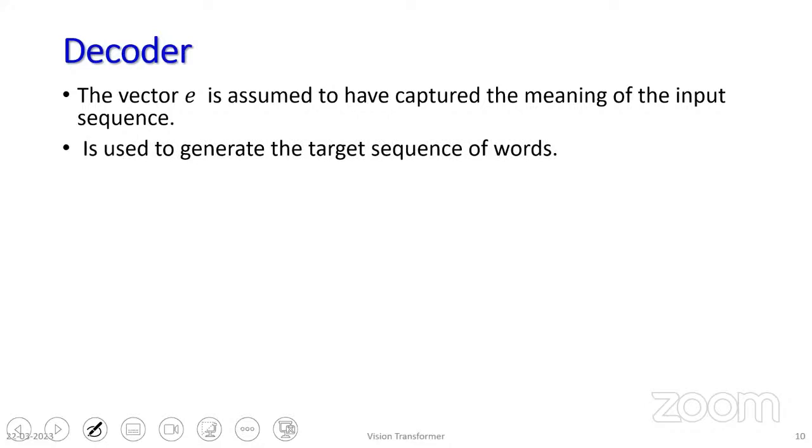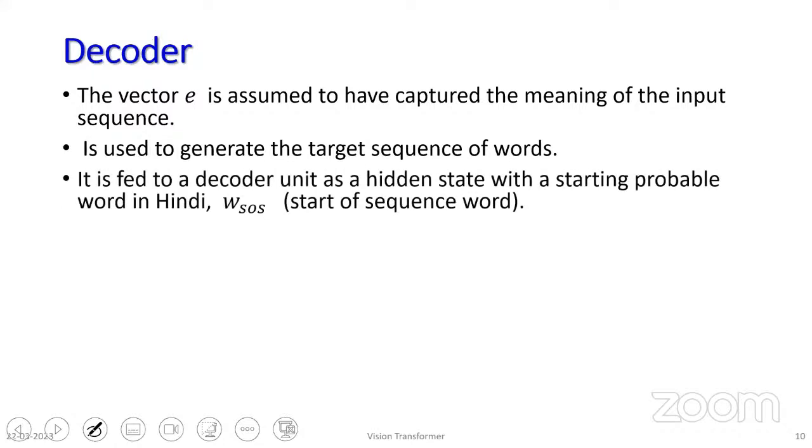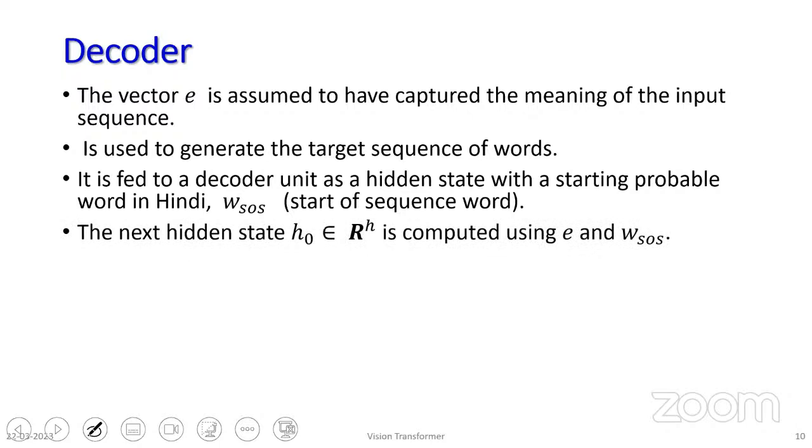So we are assuming that the meaning of a very long sentence is captured in a fixed length vector, which is used to generate the target sequence of words. It is then fed to the decoder unit as a hidden state with a starting word in Hindi, say WSOS, the start of the sequence word.